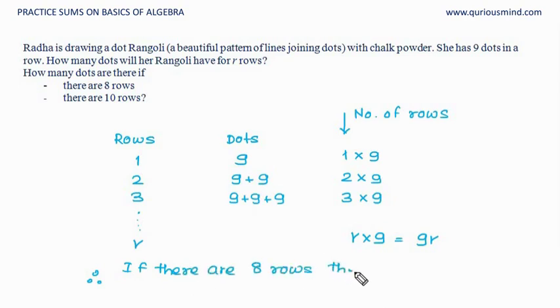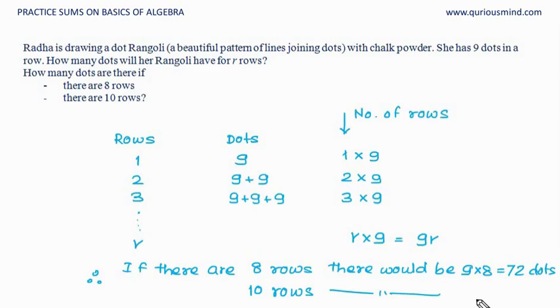Therefore if there are 8 rows, there would be 9 into 8, 72 dots. If there are 10 rows, there would be 9 into 10, which is equal to 90 dots.